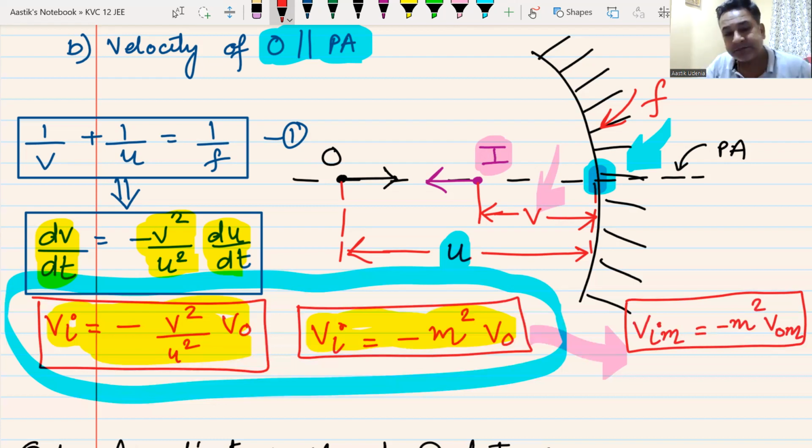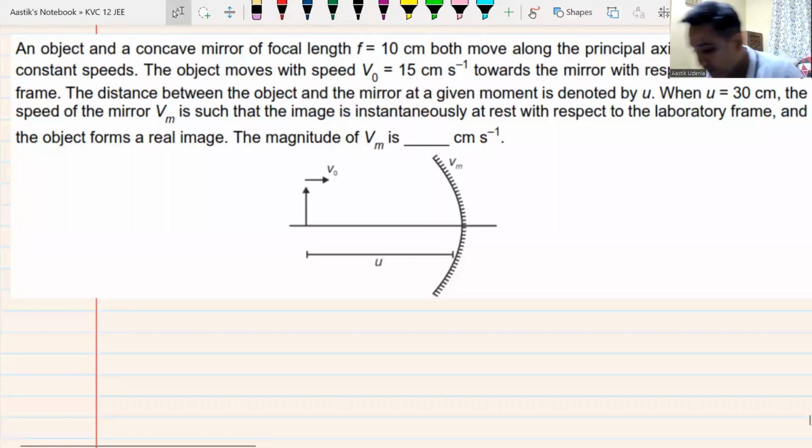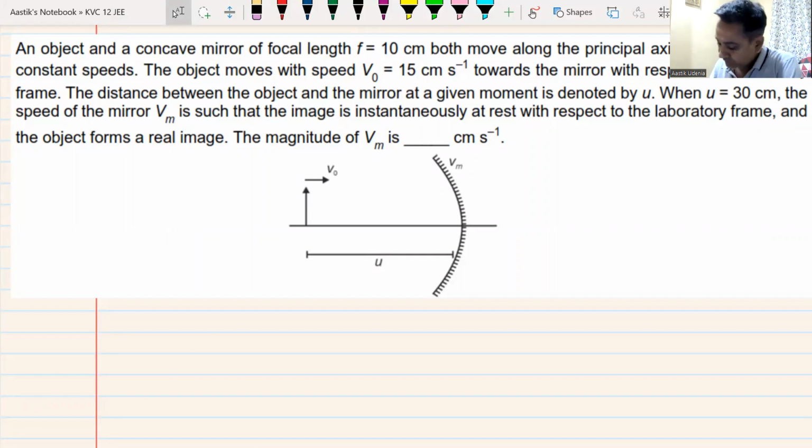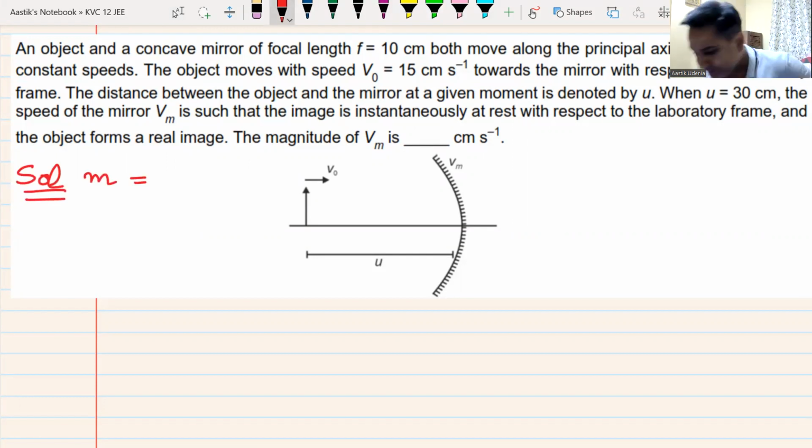That's it. As soon as we realize this, the question is solved. So let us solve it here. Solution. First of all, I will find the magnification. We all know the formula for magnification. Tell me quickly, how much is the magnification coming? This is a question of JEE Advanced.